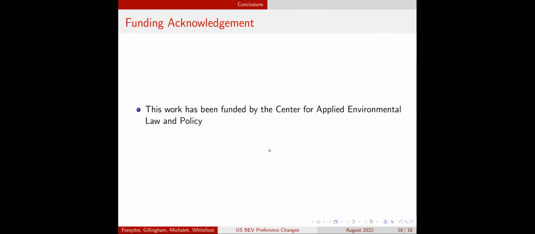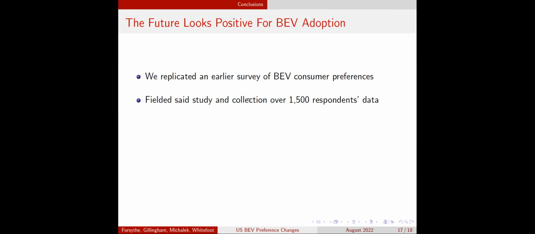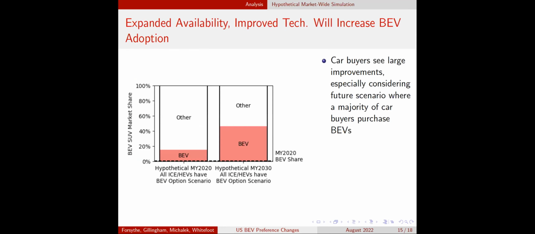Great. In this, we do not account for incentives. So for these scenarios where we account for market-wide impacts, the assumption is that by 2030 BEVs are going to be the same price as gasoline vehicles, and so incentives wouldn't even be necessary, as they would still account for more than 50% of the vehicles.